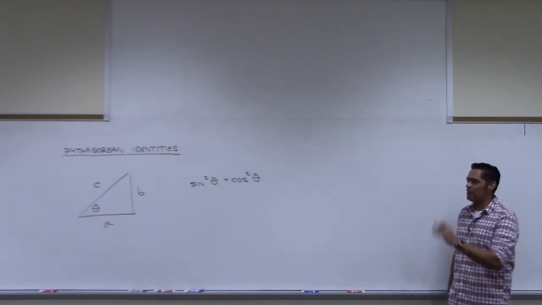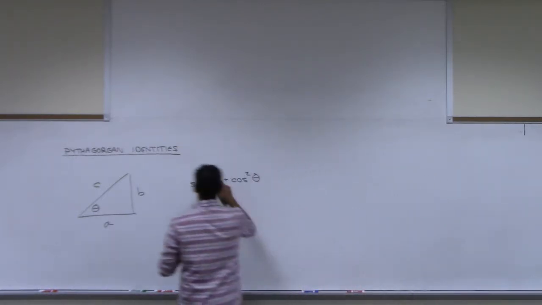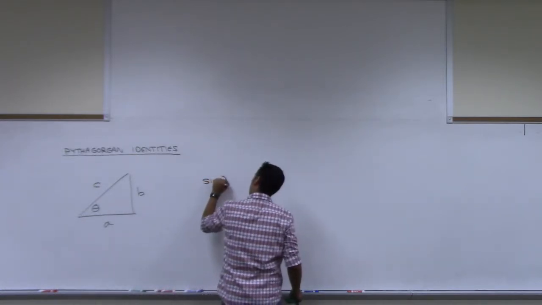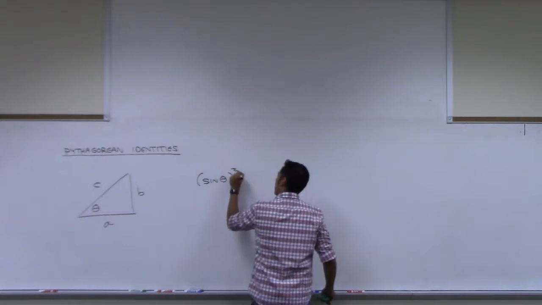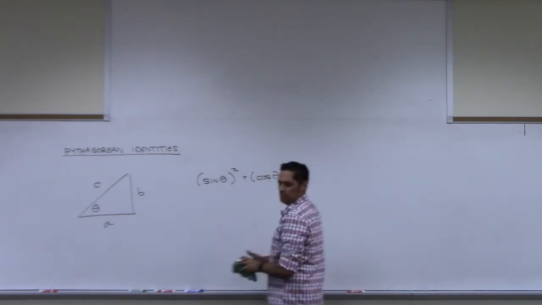I should have told you what the notation was first. Scratch this. What is sine theta, then square it, plus cosine theta, then square it?